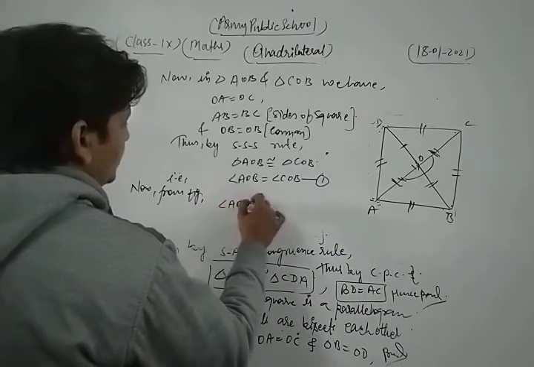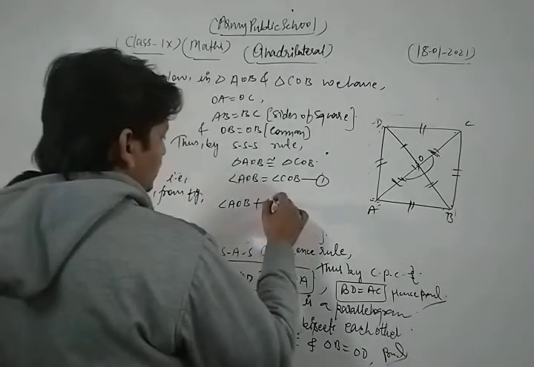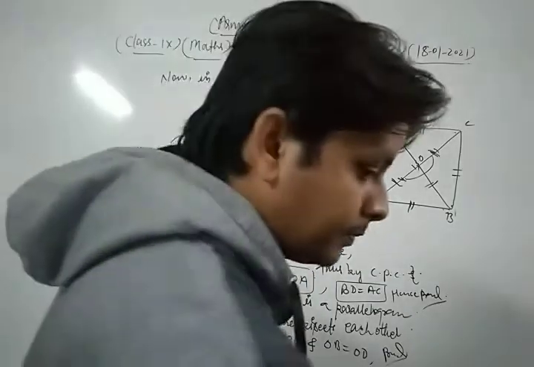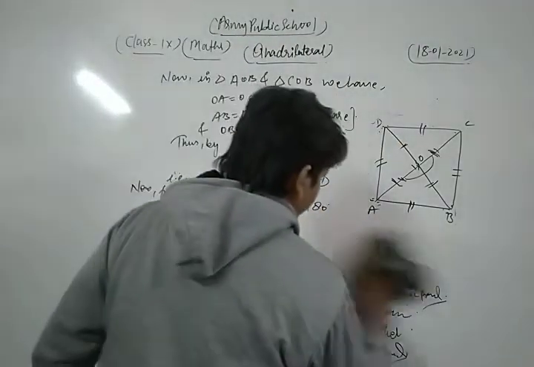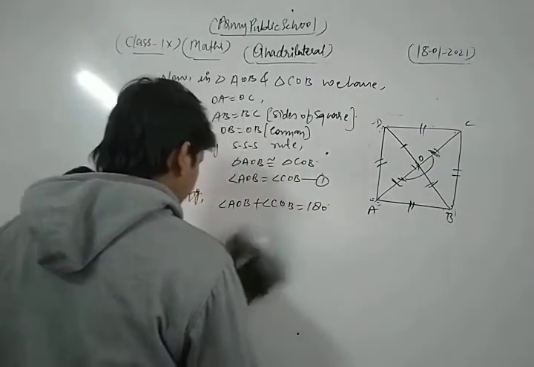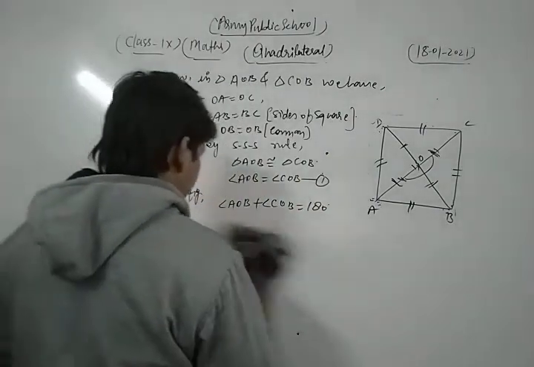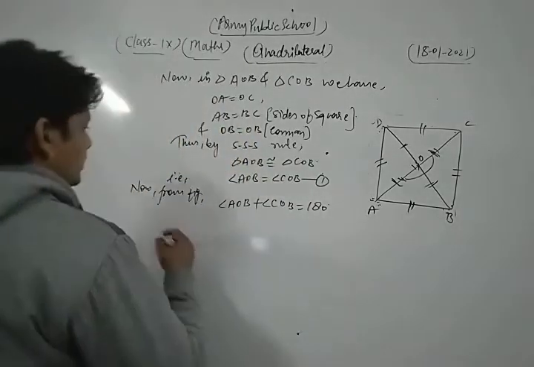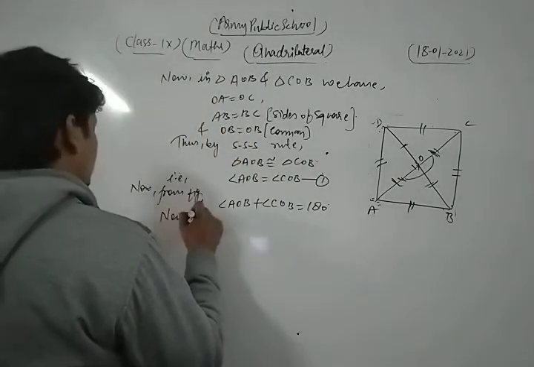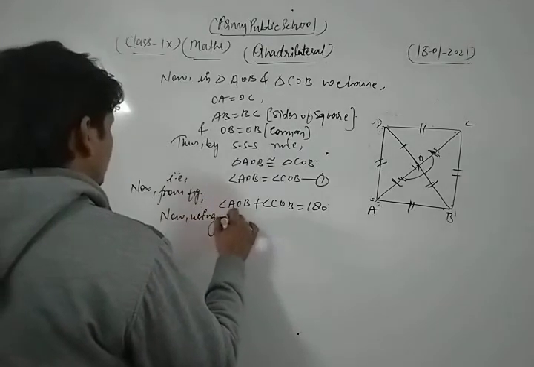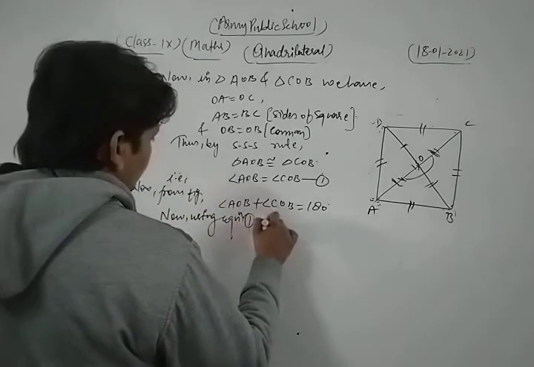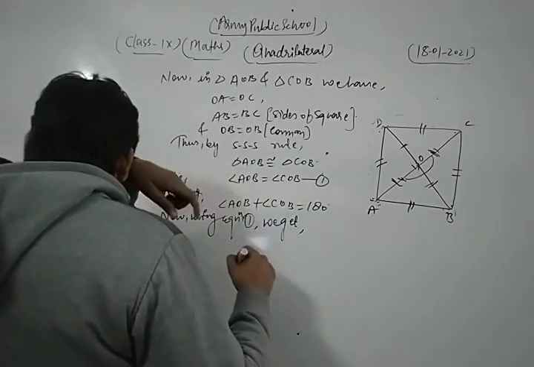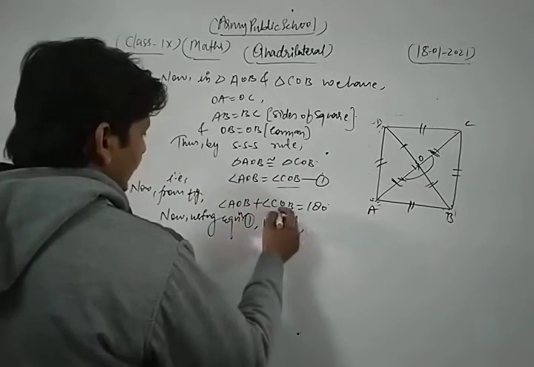From the figure, angle AOB plus angle COB is equal to 180 degrees. Now using equation 1, we put angle COB as angle AOB.